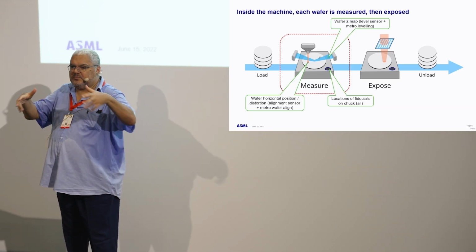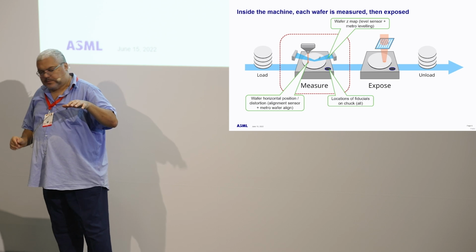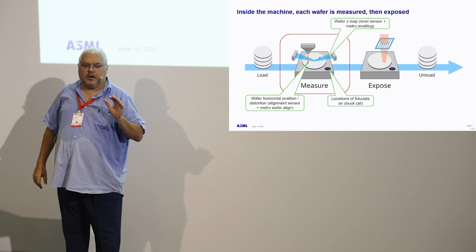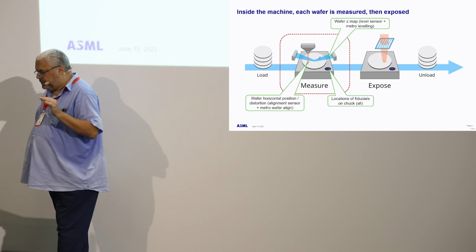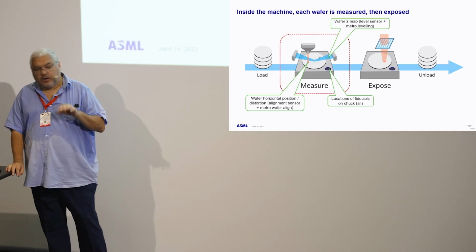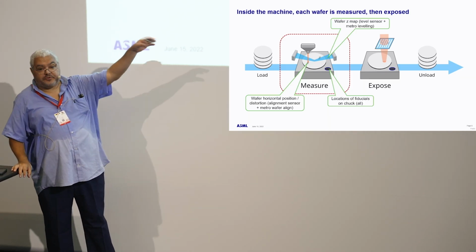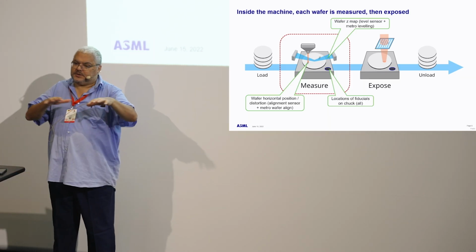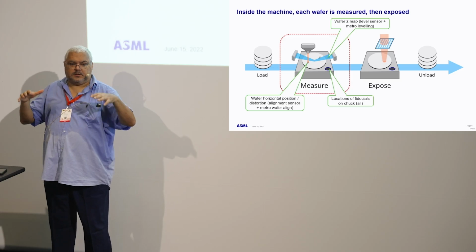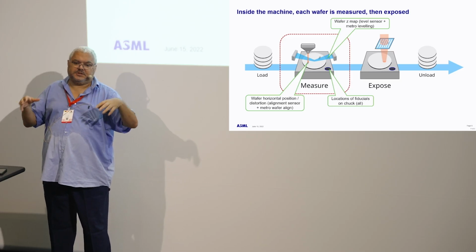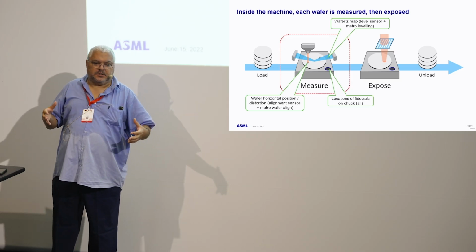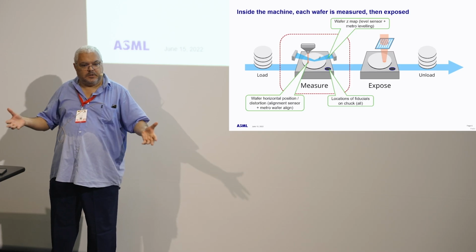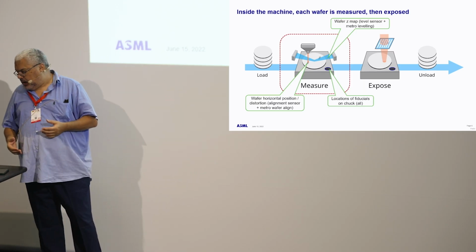They might also be not perfectly flat, and I'll say a little bit in a moment about that. And we also take measurements of the system itself, so we measure some fiducials in the system, and we use this to actually track the changes in the machine itself over time. So, the machine can warm up, can cool down, and so on.